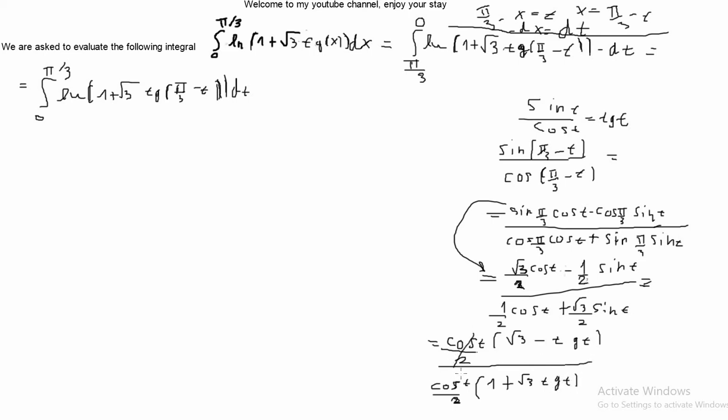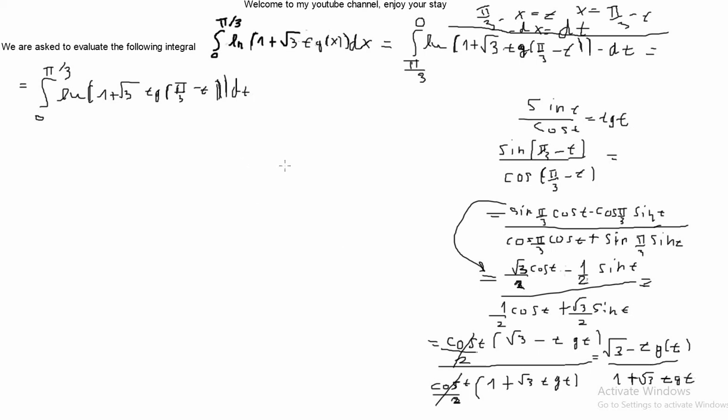Okay, these things cancel out, and we are left with square root of 3 minus tangent of t over 1 plus square root of 3 tangent of t.